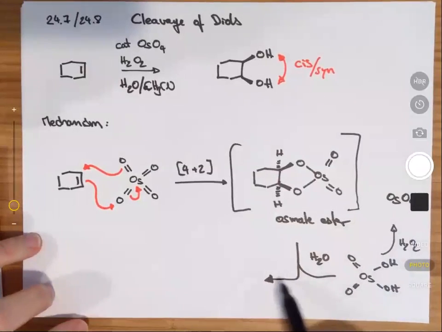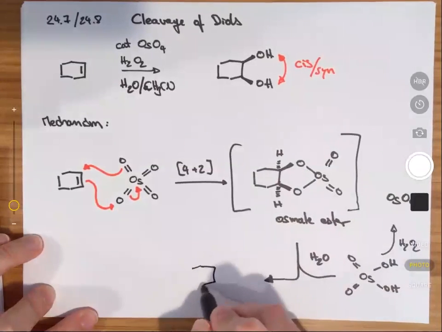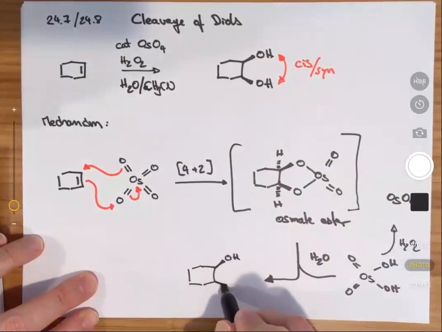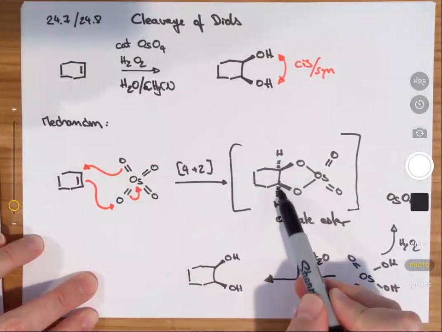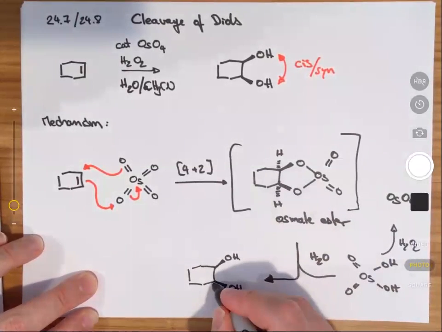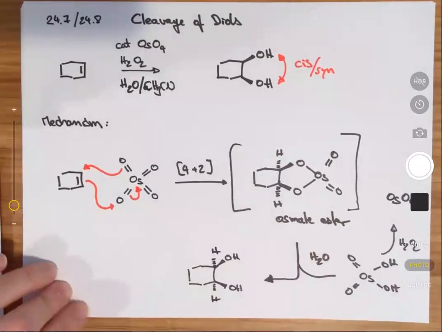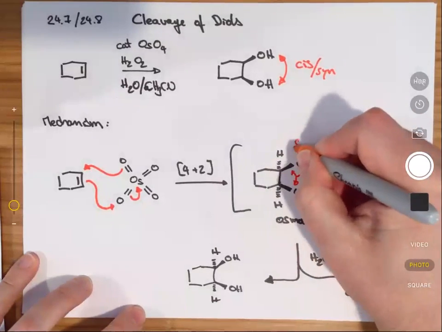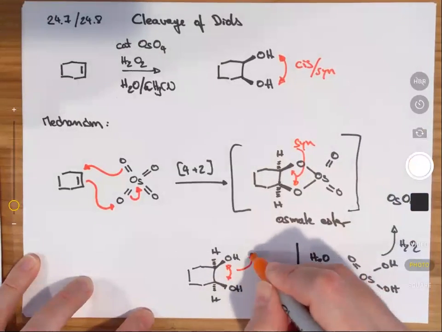Now, what we get out of this reaction after hydrolyzing this osmate ester is, of course, the diol. And here you see clearly that the stereochemistry that we had introduced through this 1,3-dipolar cycloaddition is reflected in the stereochemistry of the hydroxyl groups in the product. So again, here we have the syn stereochemistry, and that is basically translated into the product.